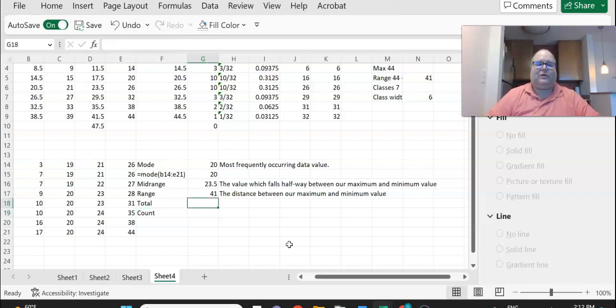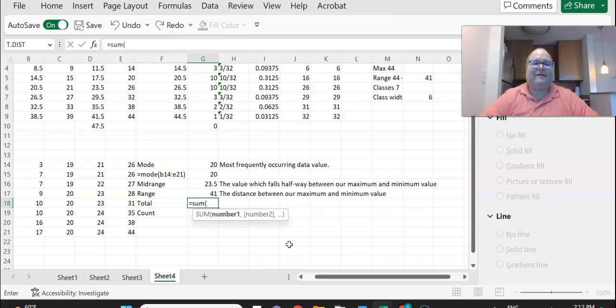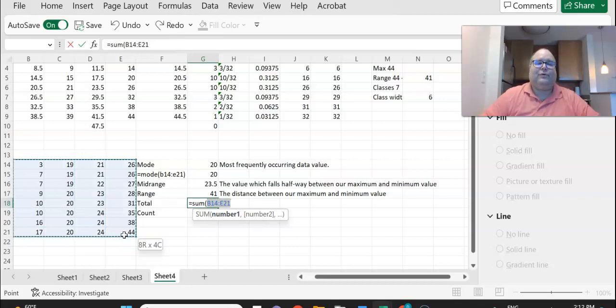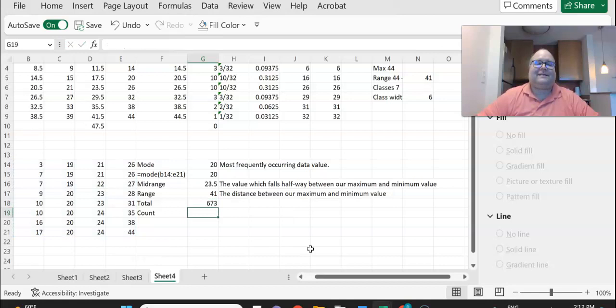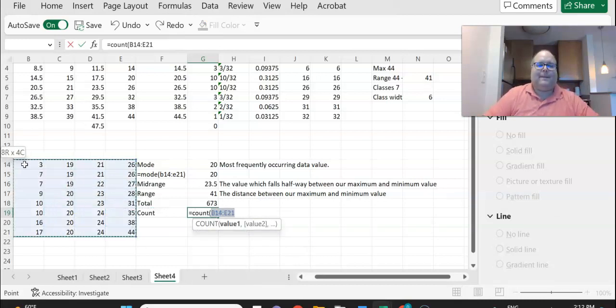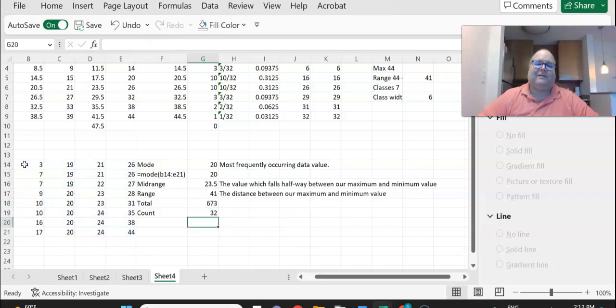So to find our total, equals sum of the values from B14 through E21. So we had 673 points scored. Our count equals count of B14 through E21. There are 32.